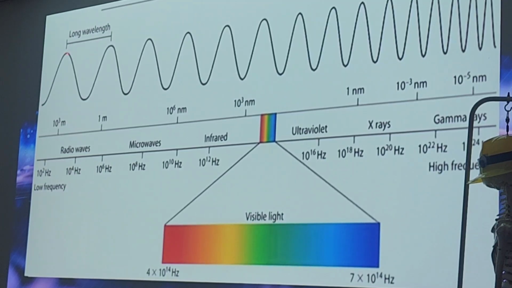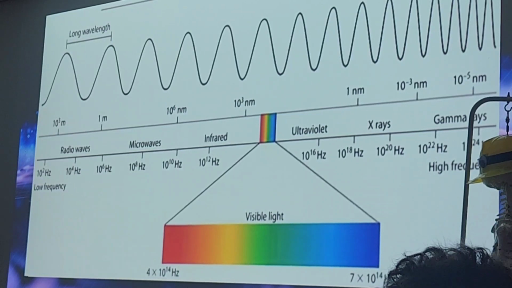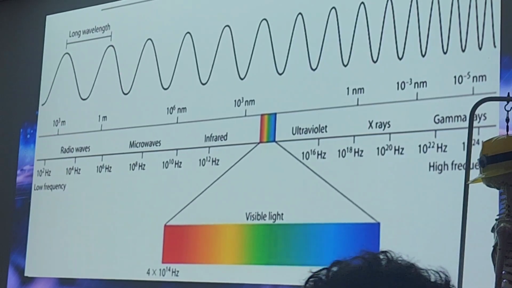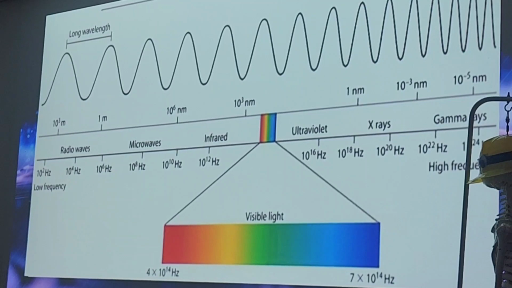Here is only 1. So the wavelengths are longer and the frequency is lower. What do we notice about the frequency here versus here?